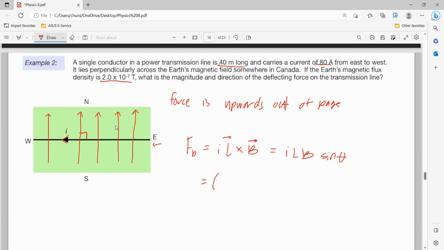So this is equal to 80 amps times our length, 40 meters, times 2.0 times 10 to the negative 7 teslas. This is 80 times 40 times 2 times 10 to the negative 7. And this is equal to 6.4 times 10 to the negative 4 newtons in our positive k hat direction.